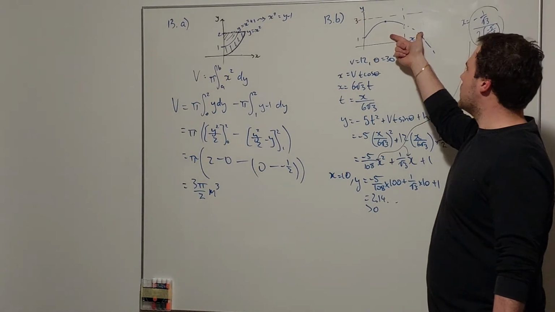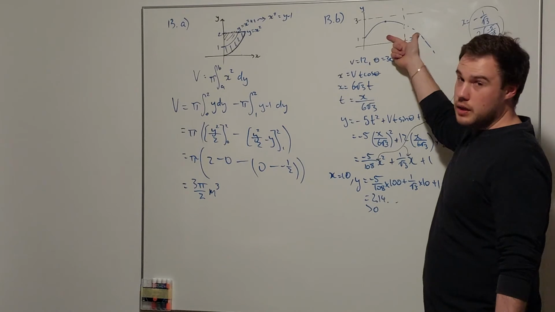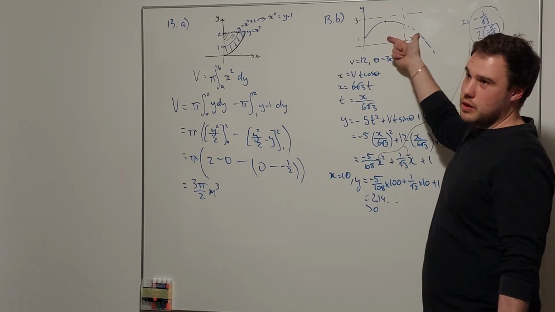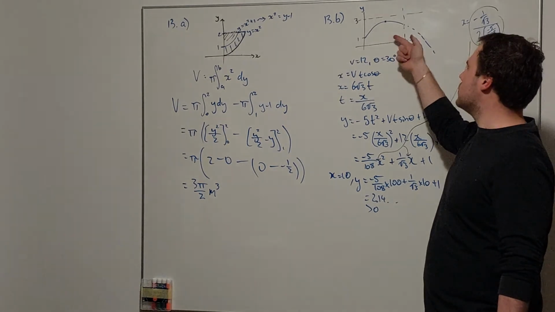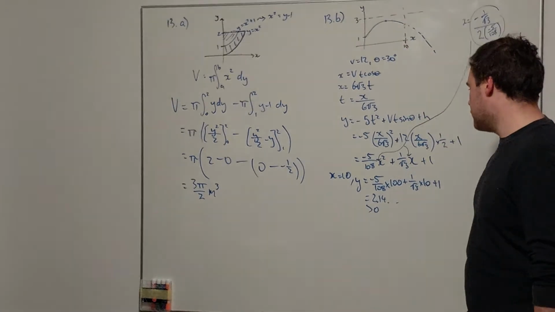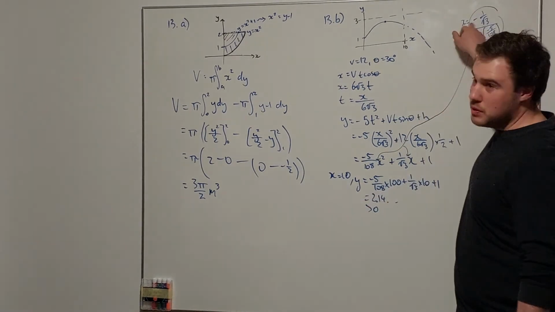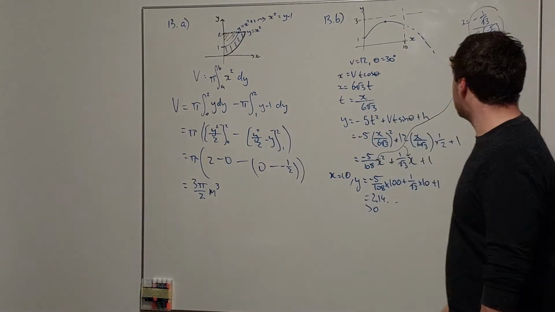So it's not going to get back down to the throwing height of 1 meter until it's theoretically 12.4 meters away, which is obviously past 10, which is before it even drops down to 0. So I could have possibly skipped that bit and used this bit, with some written justification.